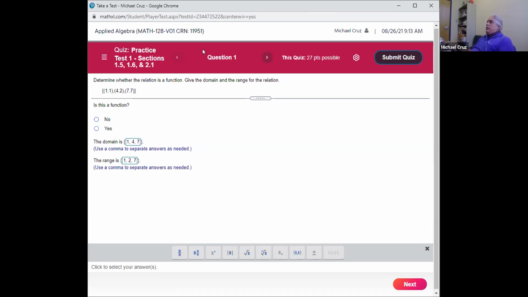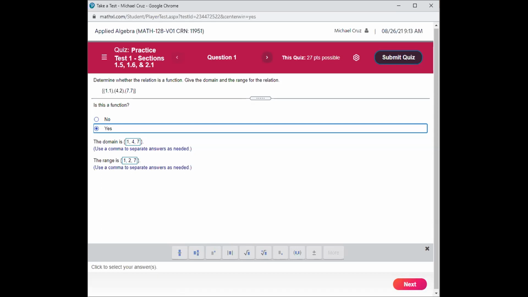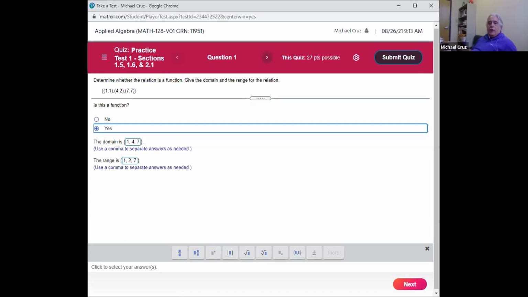But you'll see there's nothing repeated in X. So this is a function. Does everybody agree on that? Yes. Okay, good. Anybody got any questions about why?